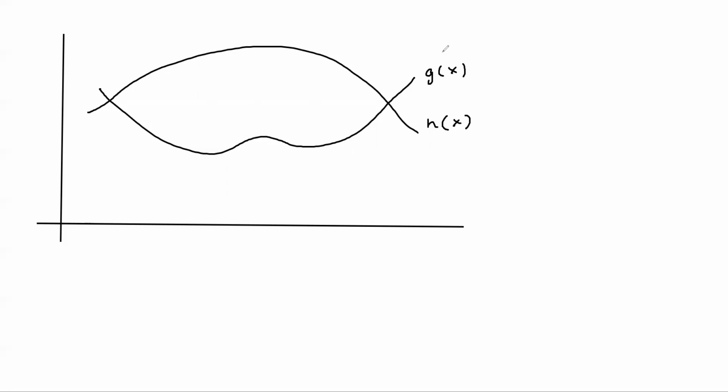So we could draw a box like this, and then a box directly above it, and then a box directly above that, and then a box directly above that, and then a box directly above that.